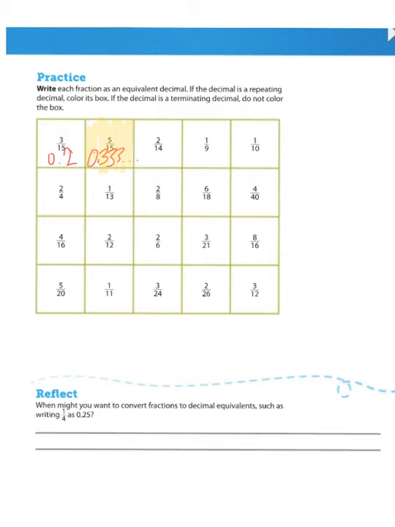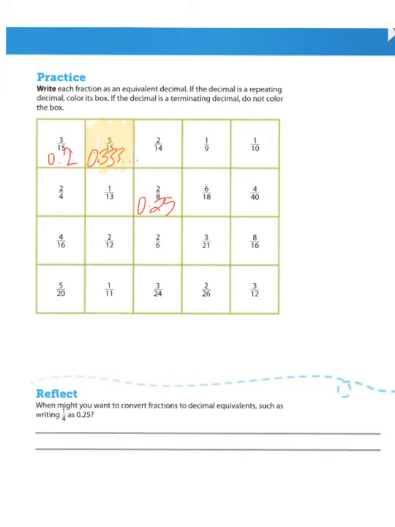Let's do 2/8. So 2 divided by 8, I get 0.25, and that is a terminating decimal, so I'm going to leave it blank. 3/21. So 3 divided by 21, I get a big old long decimal, and it is repeating.